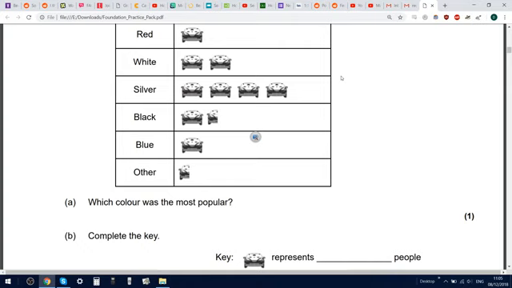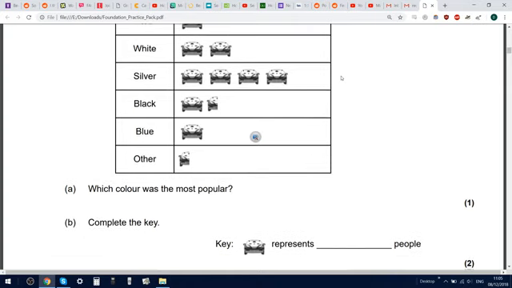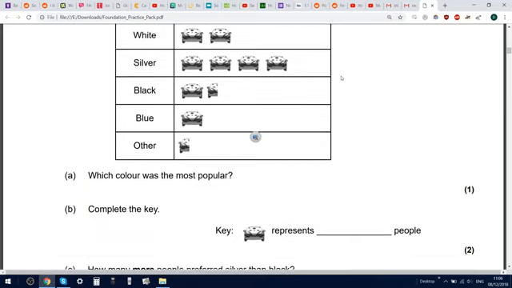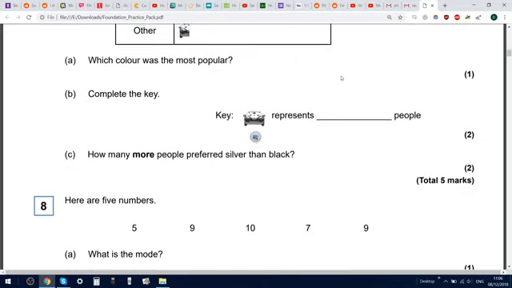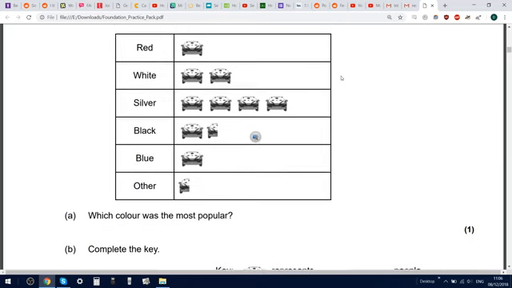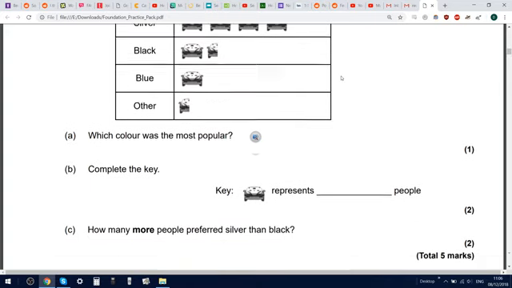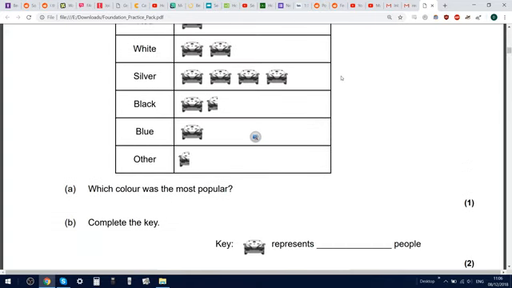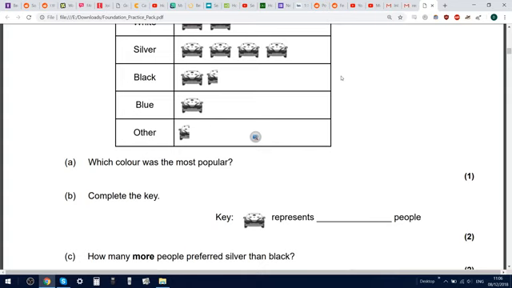Yeah, right. So 1 car would represent 2 people. How many more people preferred silver than black? 2, 4, 8. Oh wait, sorry. Say the question again. How many more people preferred silver than black? Okay, so 5. Yeah.